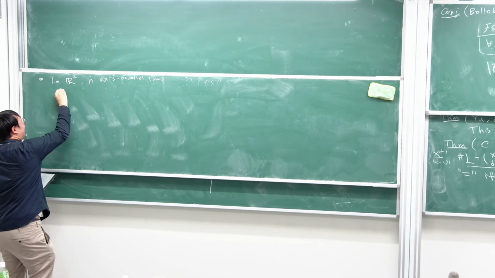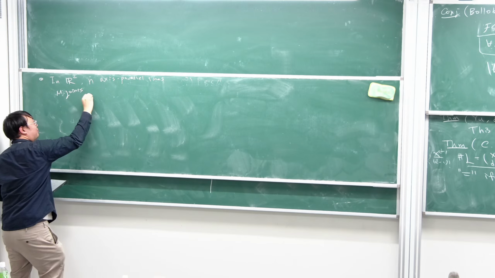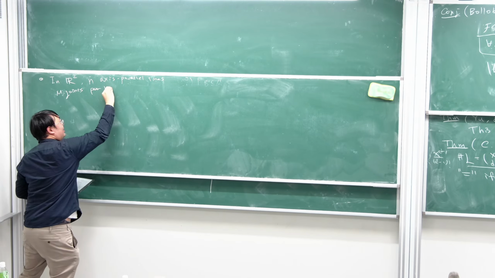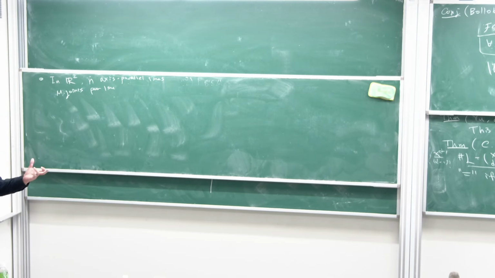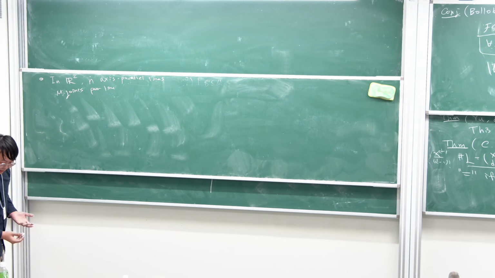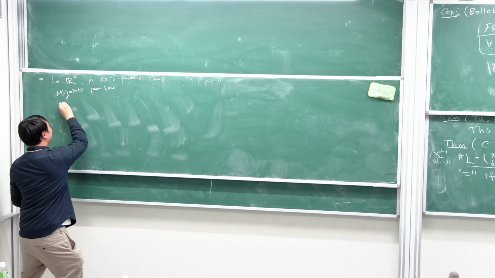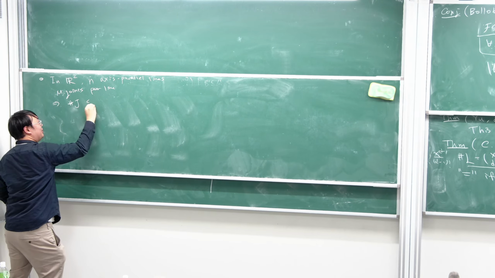I'm also assuming n joints per line, that means every line contains exactly n joints. In this setting, I want to prove the number of joints is at most n choose 2.